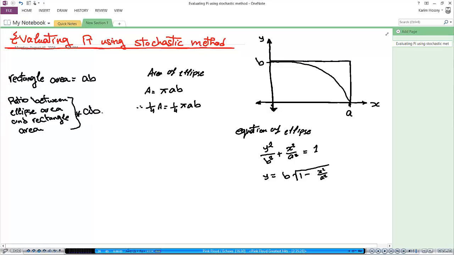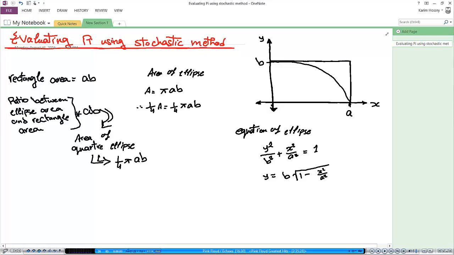This will give the area of the quarter ellipse, which equals quarter pi AB.